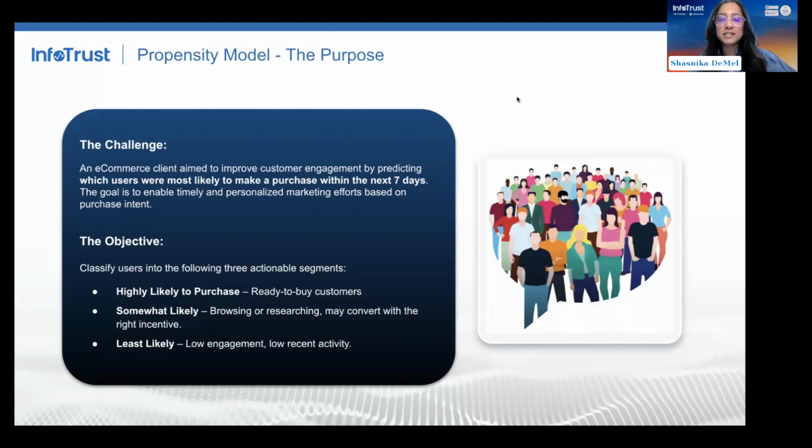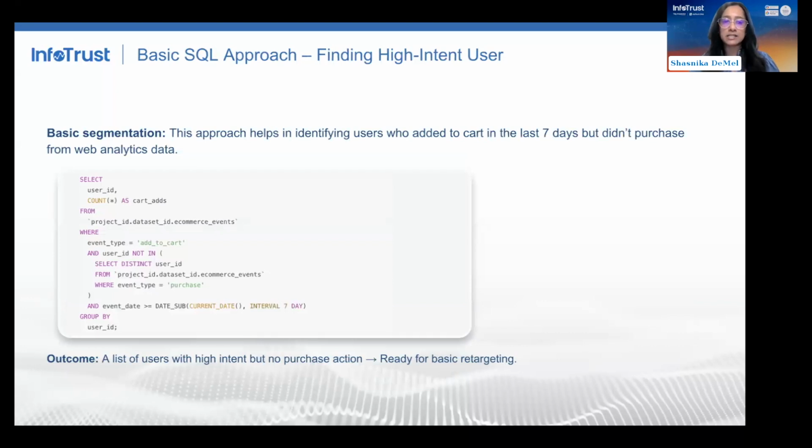Now, I do want to first highlight that the most basic approach sometimes to take would be just running SQL code that identifies users who have added products to their cart but didn't complete a purchase. Now, this is still a viable option because it gives you a quick win of a pool of users who are ready, show intent to purchase, and it's a good place to start off with.